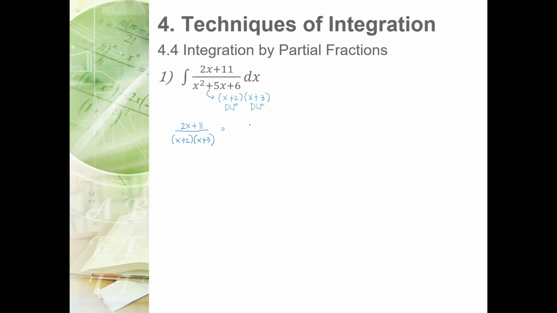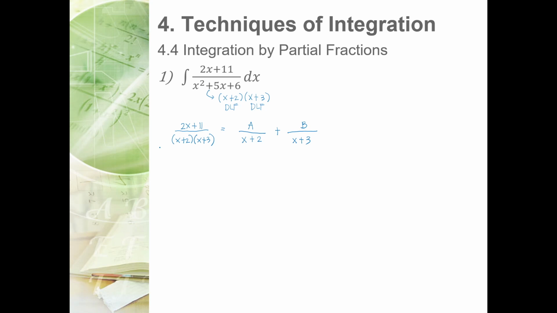So since it's distinct linear factor, you have to start off with A all over x plus 2 and then plus B all over x plus 3.